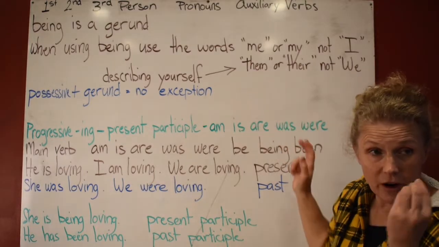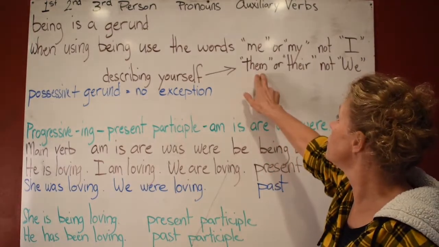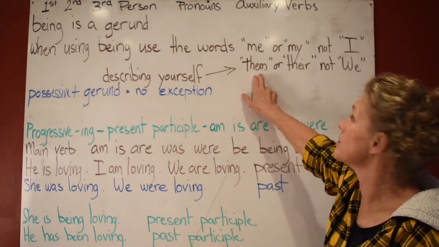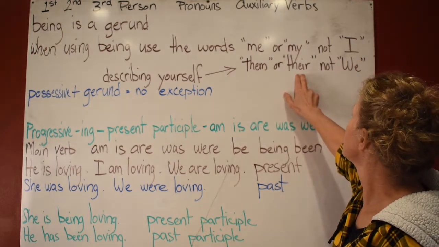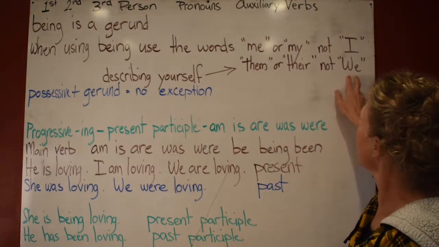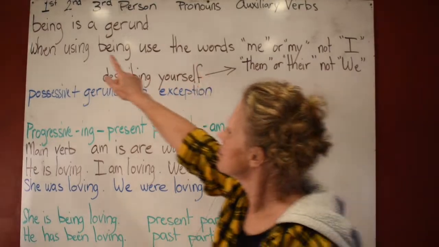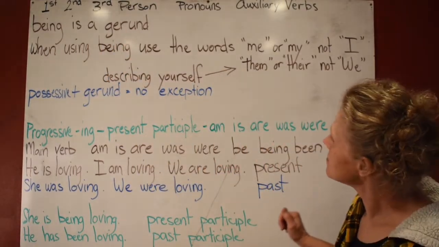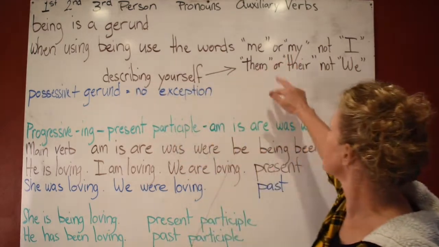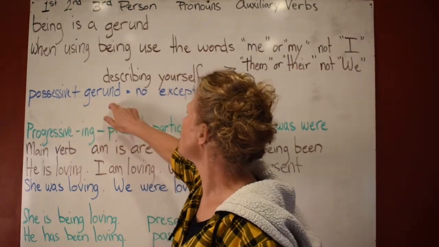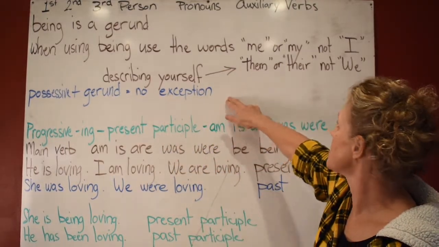It's one of the very few times that you would use the object pronoun as your subject. We use them or their, not we. If we're using their being, then we know it's a gerund. So remember, you use that when you're describing yourself. Possessive plus a gerund, that's no exceptions.